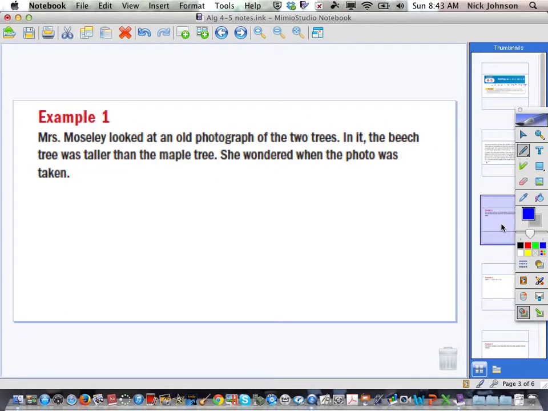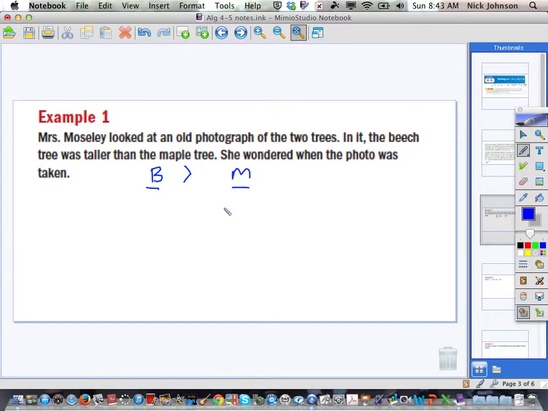So example 1 says, Mrs. Mosley looked at an old photograph of the two trees. In it, the beech tree was taller than the maple tree. She wondered when the photo was taken. Well, if the beech tree is taller than the maple tree, we know that in this picture, the beech tree's height has to be greater than the maple tree's because it is taller, right?